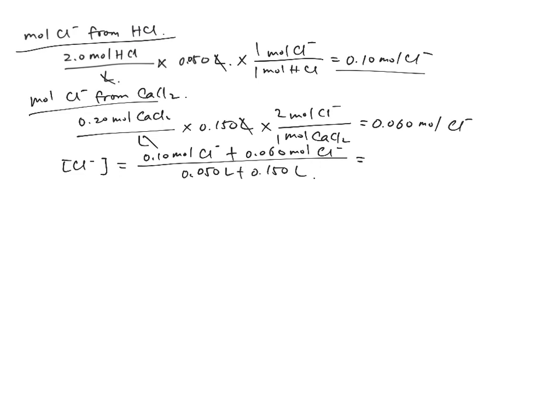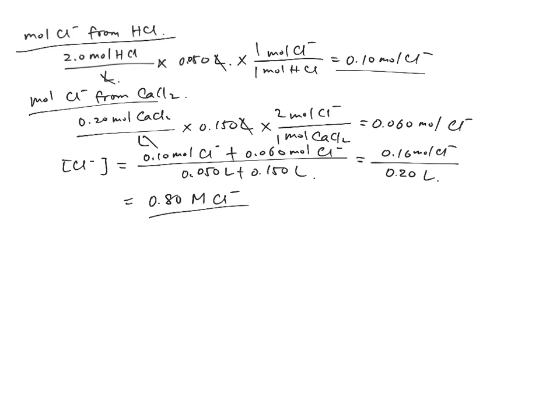So 0.16 mole of chloride over 0.20 liter. Moles over liter is molarity. Get your numbers straight. So this is 0.80 molar of chloride ion.